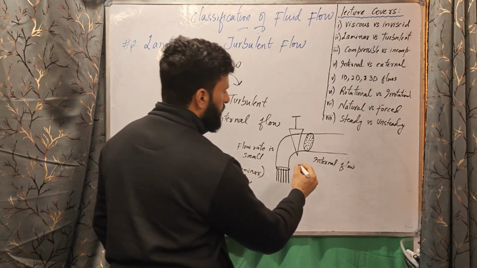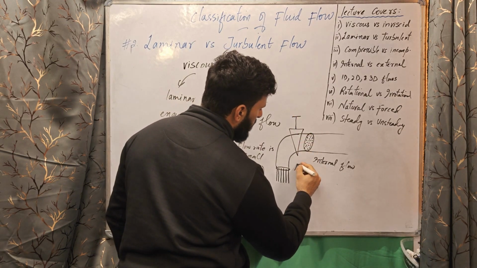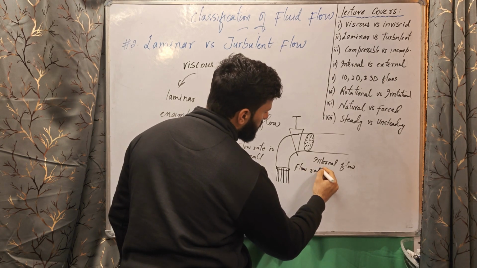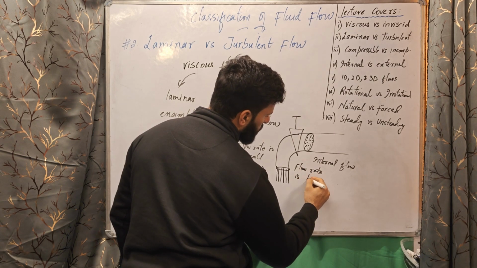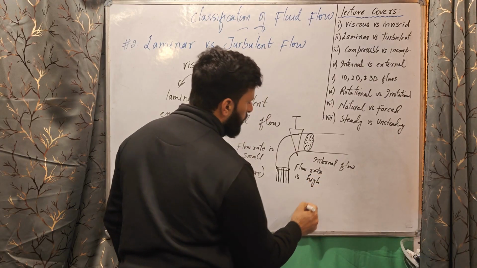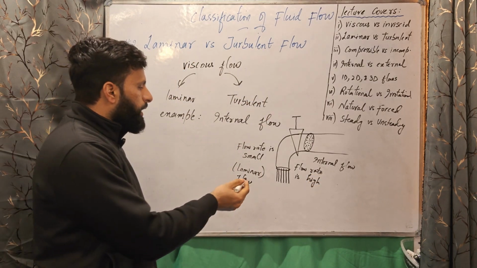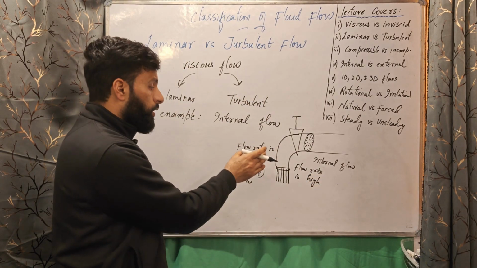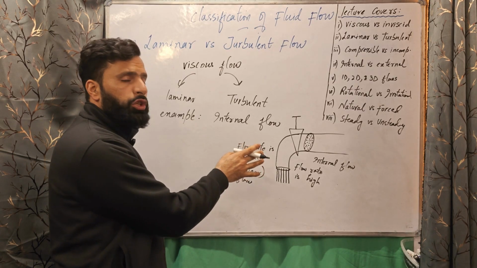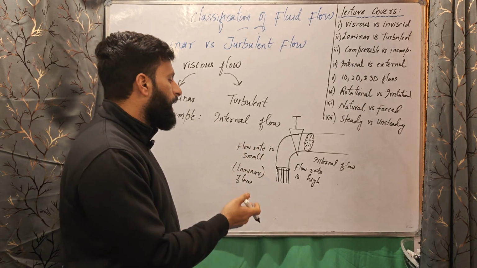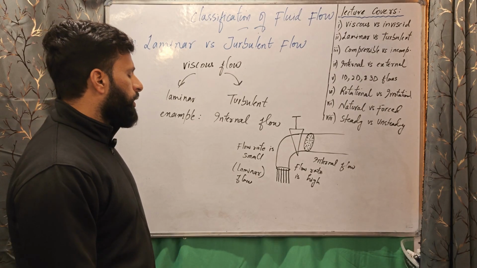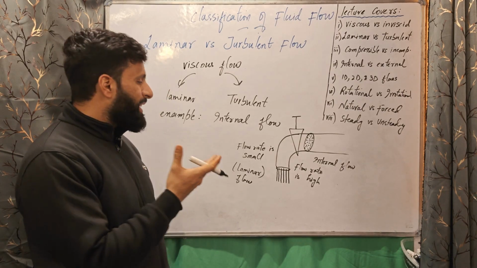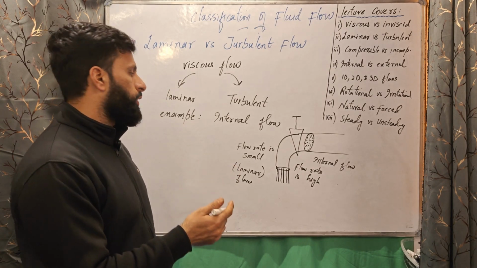But if we increase this flow rate, if we open it more and the flow rate is high, what we will see is we will no longer see that smooth flow. We will no longer see that flow is smooth and made of laminas, made of layers. But what we will see is a messy, chaotic fluid motion.